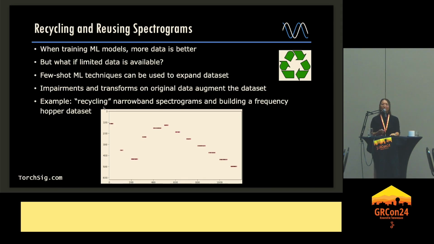You take those few examples of your signal of interest, train a model, and use our TorchSig tools to augment this signal. So it's not just sitting cleanly throughout the spectrogram: it has noise, it has frequency hopping. You can see a little example there of recycling narrowband. This is really valuable in case you want to quickly train a model to detect a specific signal and augment the signals that you already have.